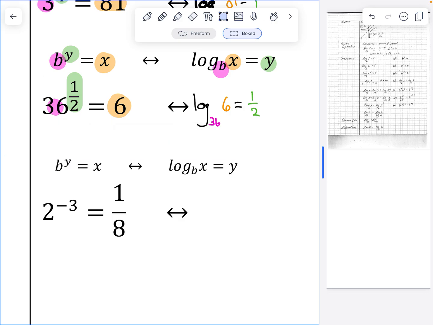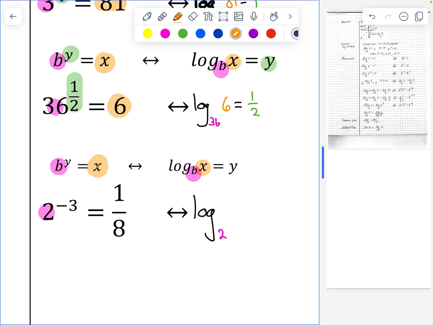So, I have a base number of 2. So the base of my logarithm needs to be a 2. So I have a logarithm that has a base 2. Here is x.